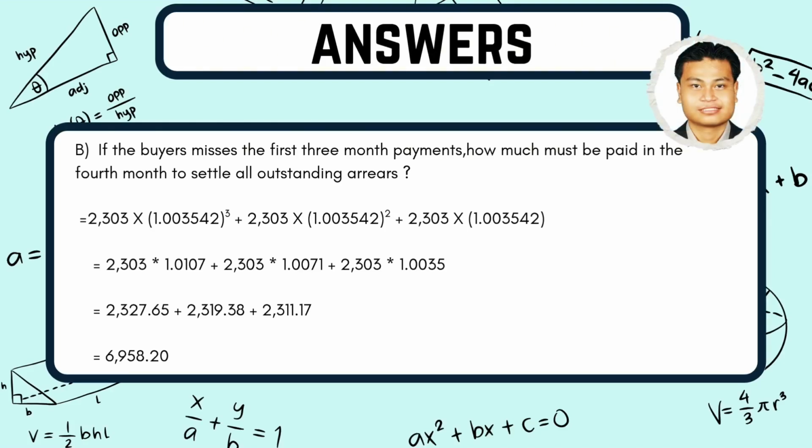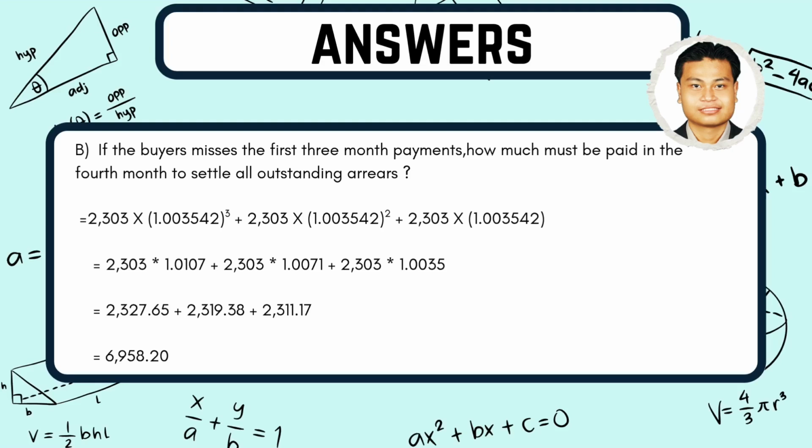Question B. If the buyer misses the first 3-month payment, how much must be paid in the 4th month to settle all outstanding arrears? So we take 2,303 times 1.003542 to the power of 3 plus 2,303 times 1.003542 to the power of 2 plus 2,303 times 1.003542.